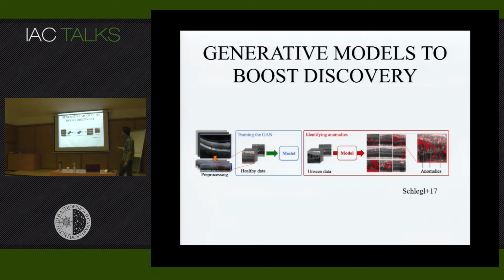Then when this model is confronted with people with some kind of disease, the model is able to identify that this was not the data it was trained with. So it's a way to identify anomalies, in that case diseases, but in our context it would be objects that are not in our expected universe.